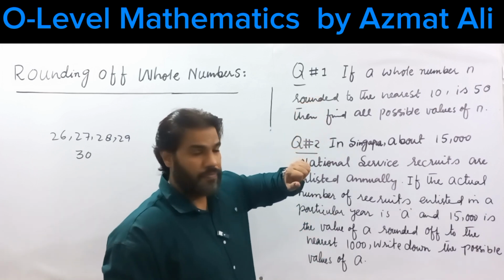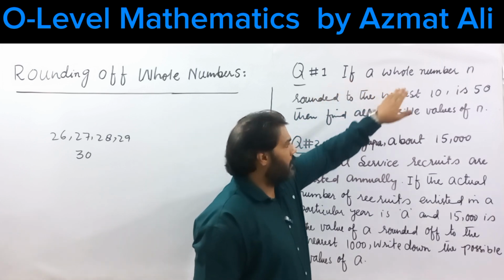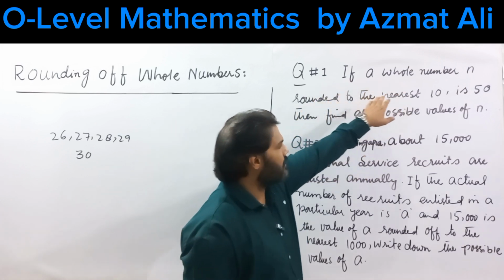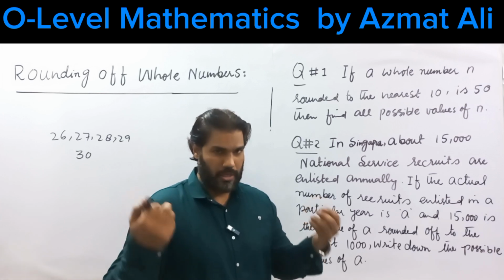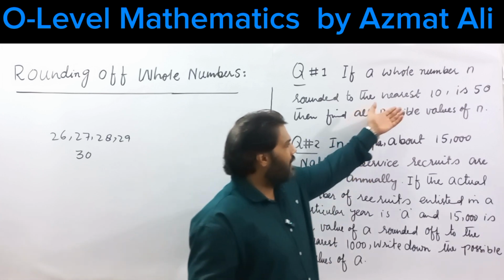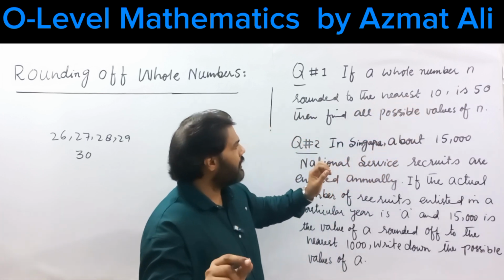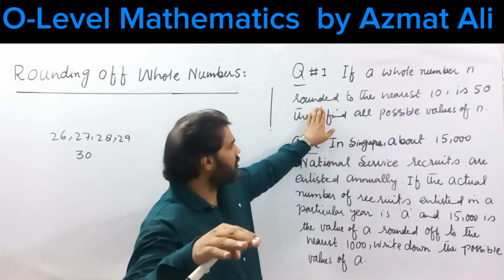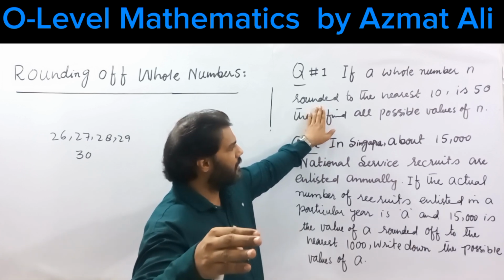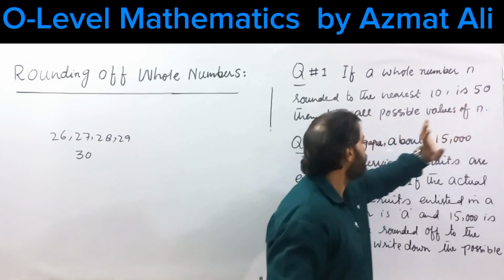In question number 1, there is a whole number n which, when rounded to the nearest 10, its value is 50.